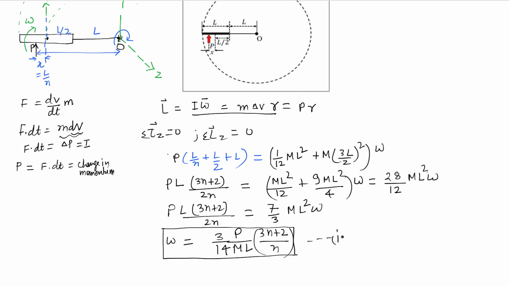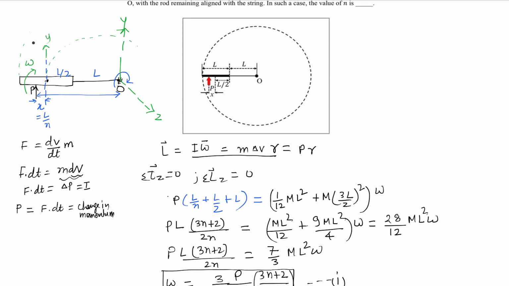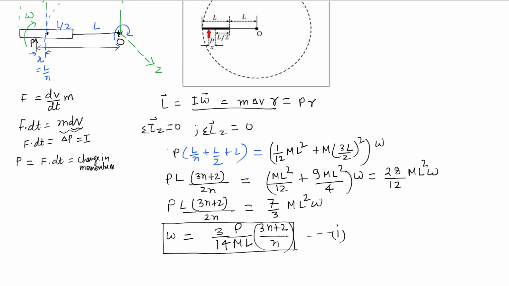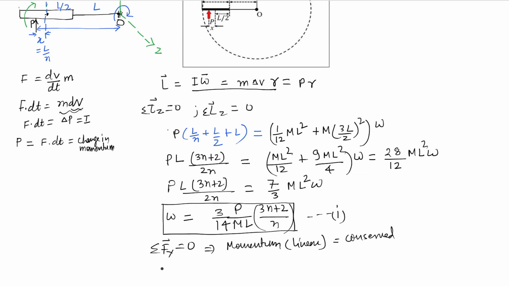What is the force in the y direction? This is the y direction here. So what is the total force in the y direction? The total force in the y direction is 0. That means linear momentum is also conserved. Therefore, what is the linear momentum?